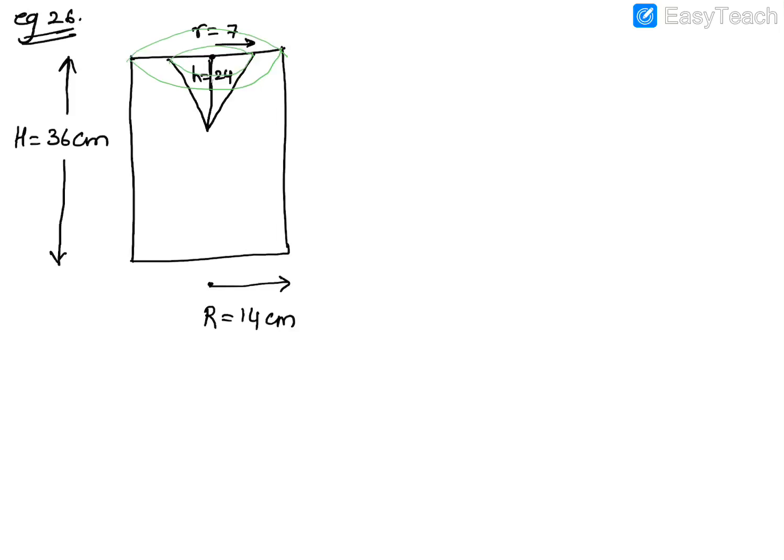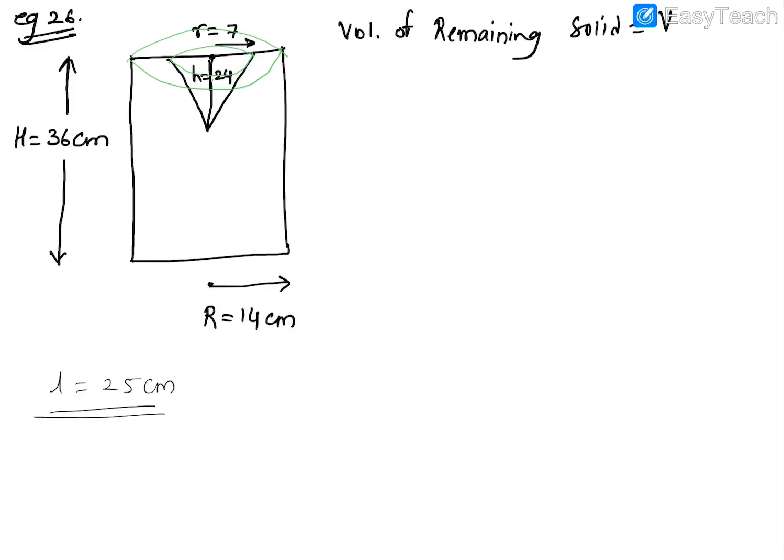Now first you have to calculate the volume. Before that we'll first find the slant height and keep it over here. So I'm writing the slant height directly over here. It's 25 centimeter. You can solve it and find out. It'll come 25. Now next thing, first we're asked to calculate the volume of the material. So what is the volume of the remaining solid? Volume of remaining solid is equal to volume of the cylinder minus the volume of the cone.